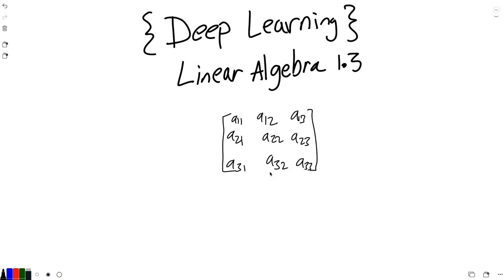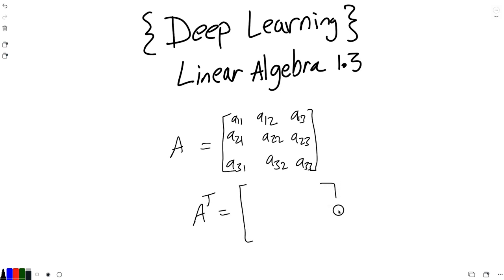Now when we make transpose, simply we swap between the columns and rows. If this is matrix A, then A transpose will just make every row a column.